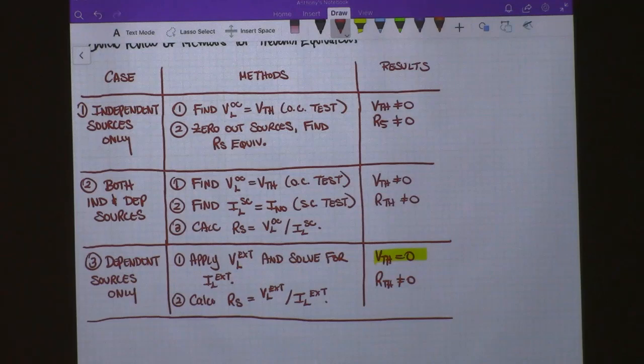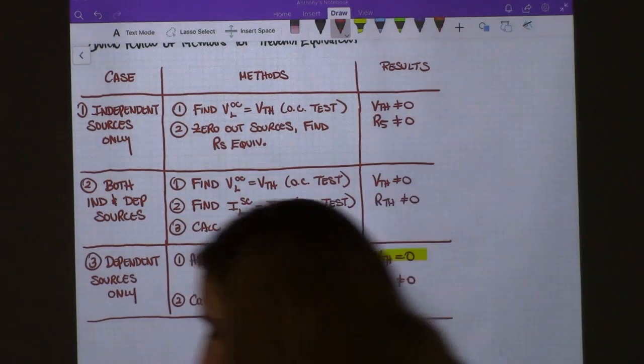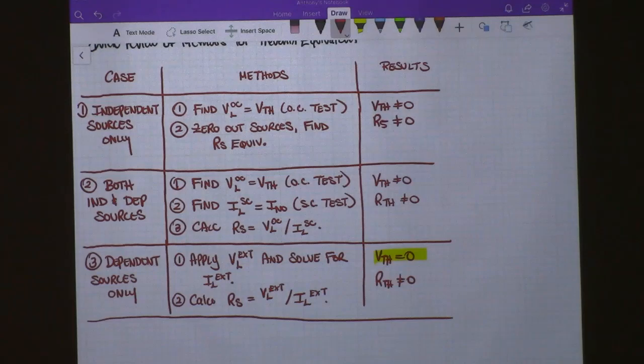That's really where you have to figure out which method you're going to use. This table is not necessarily going to be on the cheat sheet. I do expect you not to memorize, but to understand how to solve.